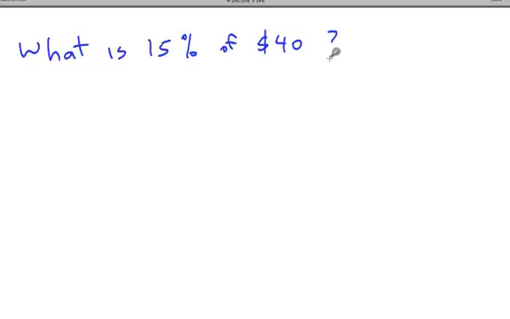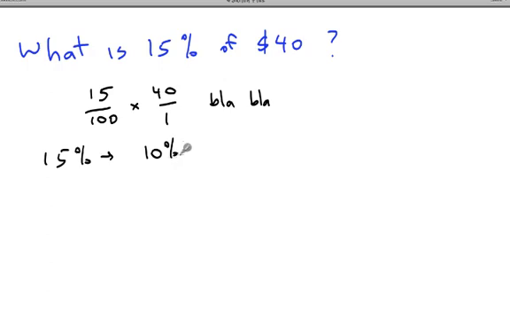Let's look at one final question. What's 15% of $40? We could set this out as a fraction, 15 hundredths times 40 over 1, and so on. However, I wouldn't do it that way. I'd say, okay, let's look at this 15%. What's 15%? 15% is 10% plus half of 10%.